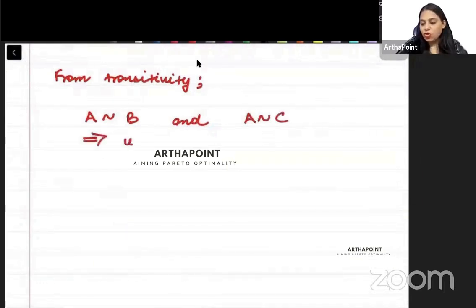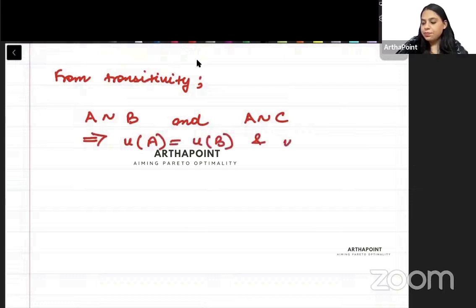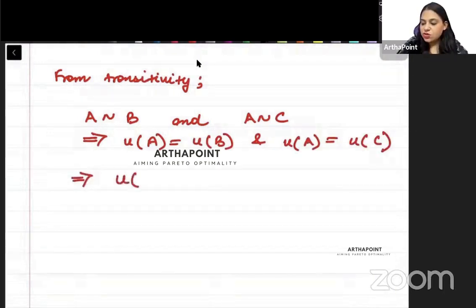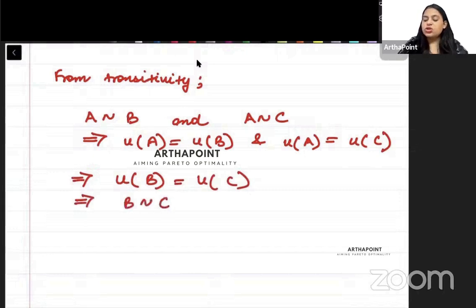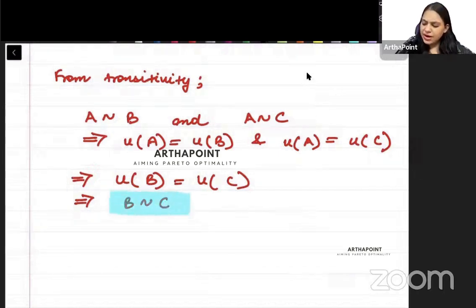The utility of A and B is the same, and the utility of A and C is also the same. So this tells me that the utility of B and C should also be the same. That means the consumer should be indifferent between B and C. Is this clear?